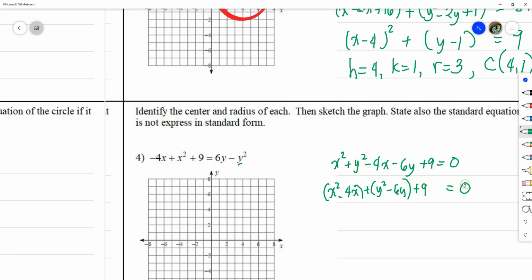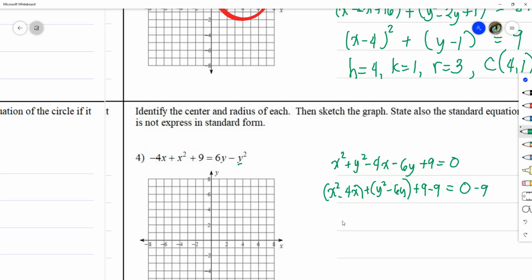But take note, there should be no constant term on the left side, so we have to add negative 9 to both sides.